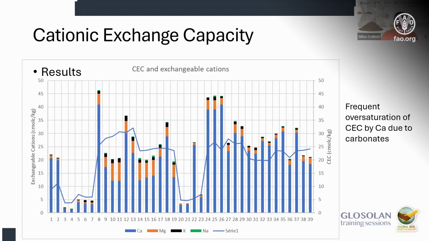So, regarding the results, I put here bars with the cumulated Ca, Mg, K, Na concentration, and usually they are expressed in milliequivalent per 100 grams or centimole charge per kilogram, which is the same unit.